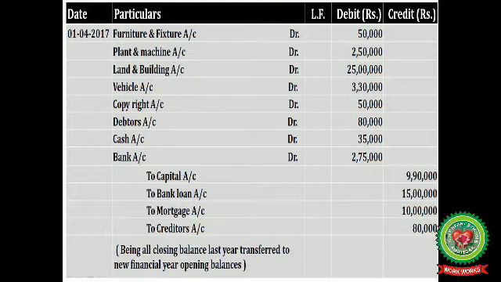So all the different assets have a debit balance. Now we will write the credit balances here. To capital account 9,90,000, to bank loan 15 lakhs, to mortgage loan 10 lakhs, to creditors 80,000. So here we will write the narration at the end: being all closing balances of last year transferred to new financial year opening balances.